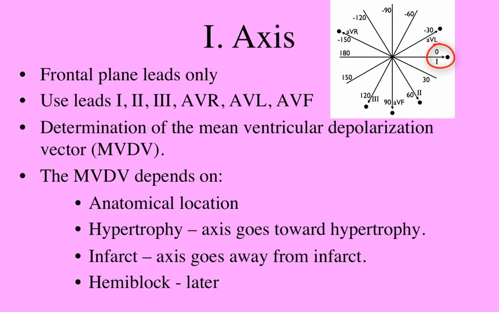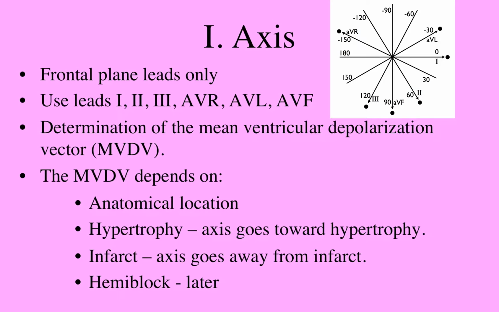A more normal direction would be about 60, toward the black dot of lead 2. So if you put your pencil on the circle over your chest and point it towards 60, that's the more common direction. But it really can be anywhere on the circle. 60 is the most common direction for the MVDV.